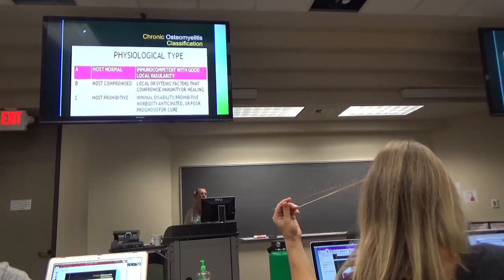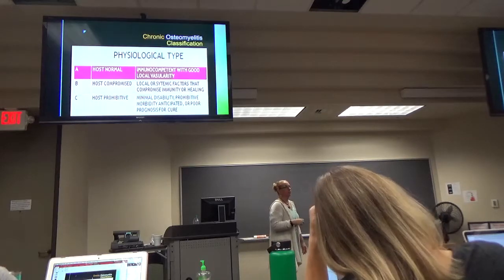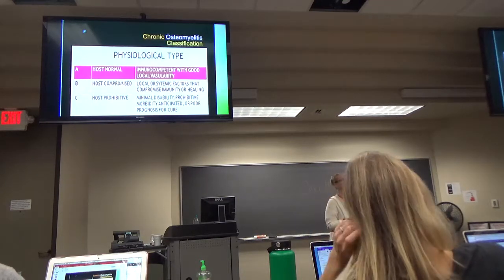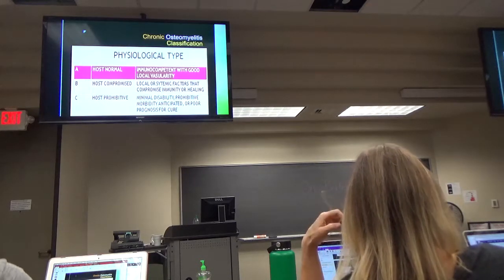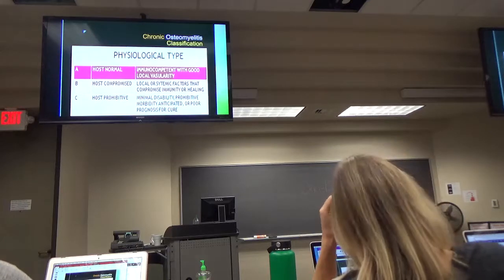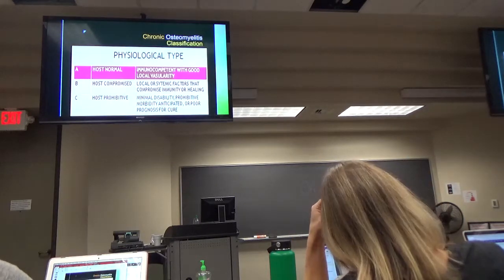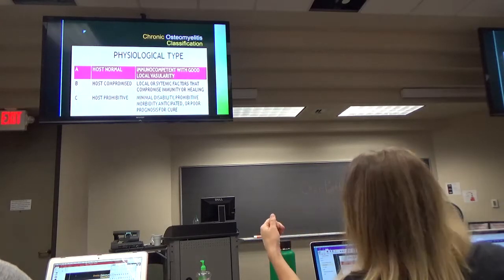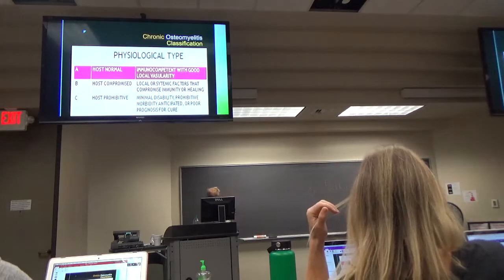If it's been there long enough or they are just not responding at all, it is either disabling or prohibiting, causing morbidity, and a poor prognosis for cure is your prohibitive type. Again, those are just physiological types of your patients with chronic osteomyelitis, giving you prognoses. This is for an orthopedist to know. I won't be testing on physiological type.